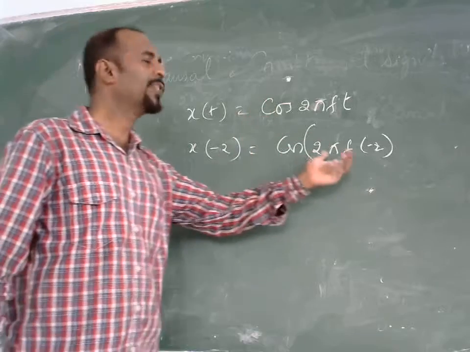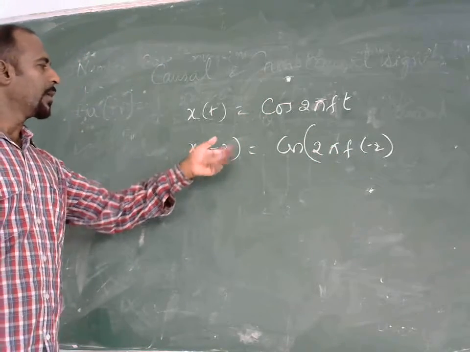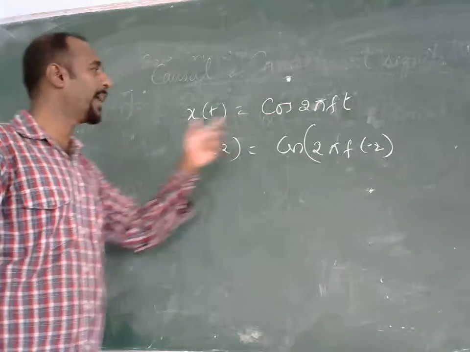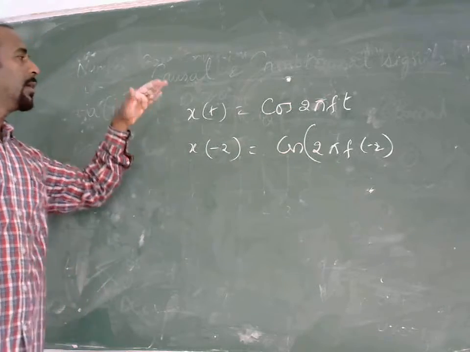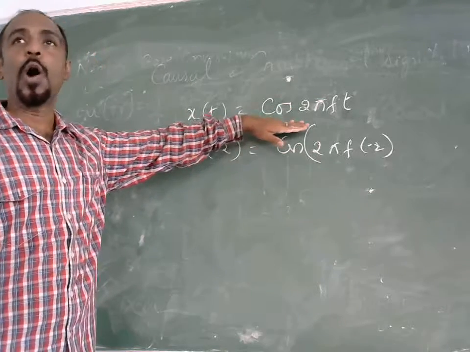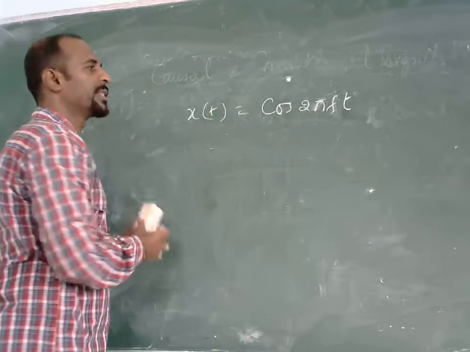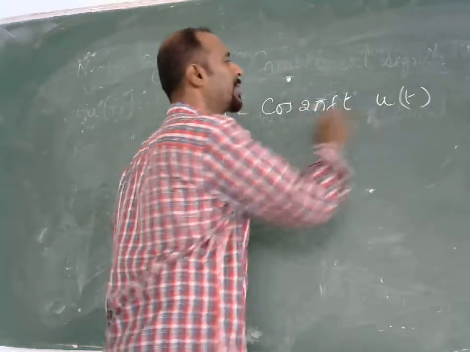No, it is not 0. It gives some value. So therefore, though we have taken the negative values, the signal has not become 0. So therefore, we say that this signal is a non-causal signal.